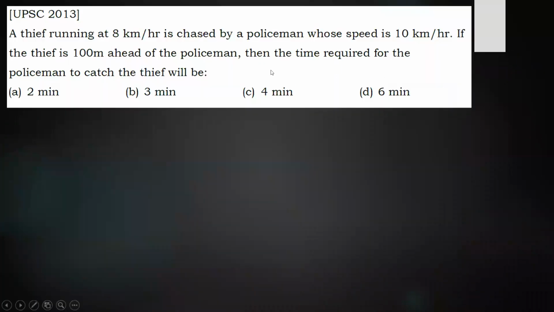So always add the distance. When it comes to direction, relative speed alone changes. Opposite direction, add the speeds. Same direction, subtract the speeds. Otherwise, distance you need to always add. Okay, question number 1.